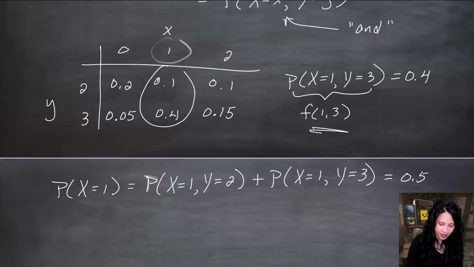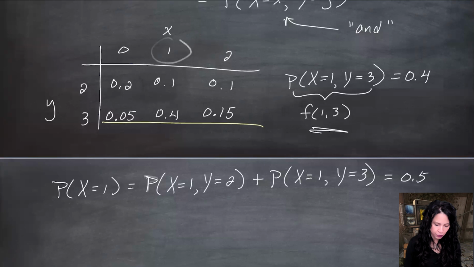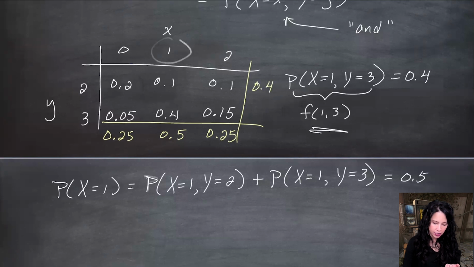So check this out. If I just go back to my table here and I start adding the columns and rows, I'll get 0.25, 0.5, 0.25, and then let's add across the rows. I get 0.4 and 0.6.